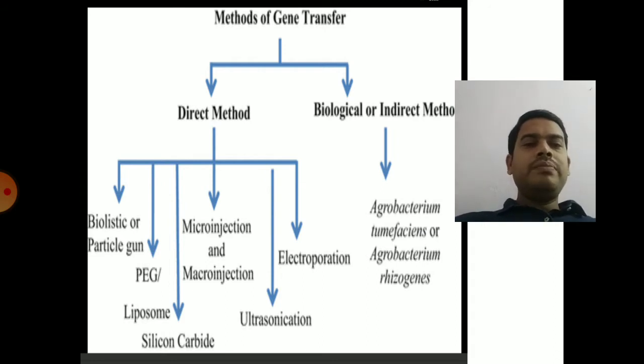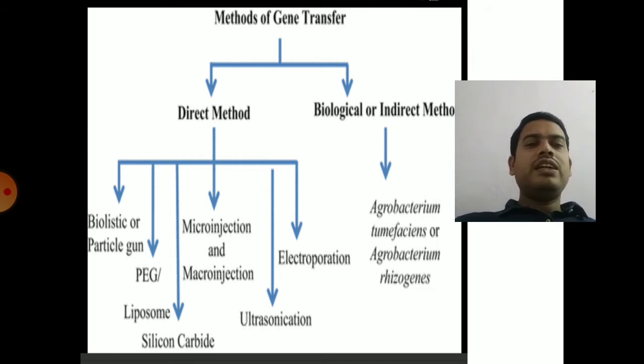So direct method means directly a vector containing foreign DNA is introduced into the plant, bacterial or animal cell with the help of a gene gun or a chemical or a liposome, or by means of microinjection or by electricity passing, that is by method of electroporation, or by using sound waves or ultrasonication.